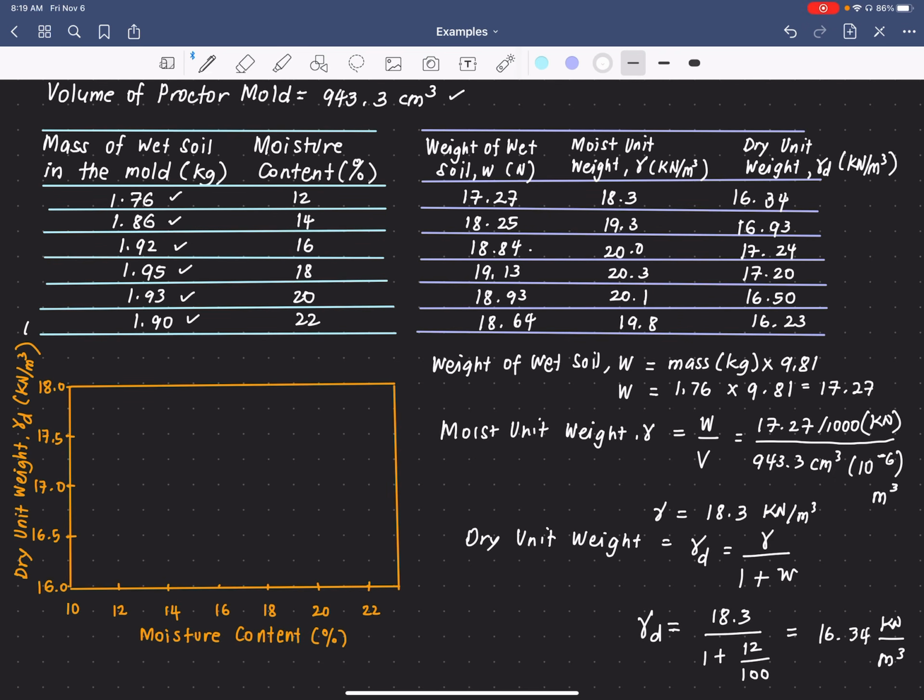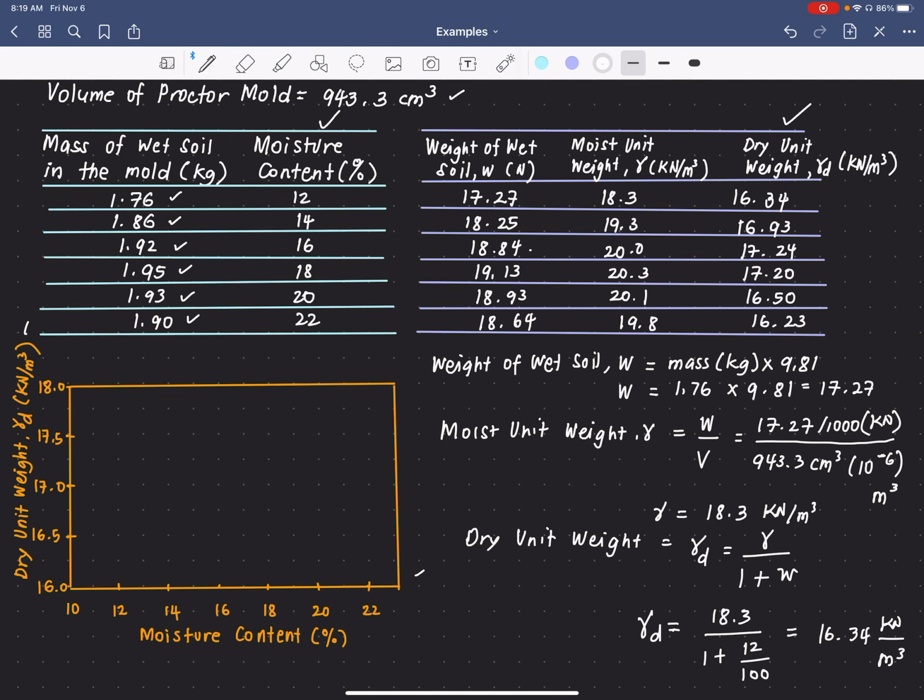Now, since we already have the values of the dry unit weight and the moisture content here and here, then we can just simply plot these data points in our graph so that we can draw the compaction curve and subsequently determine the maximum dry unit weight and the optimum moisture content.